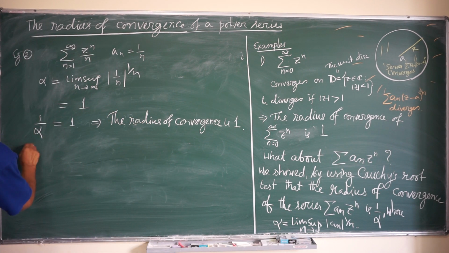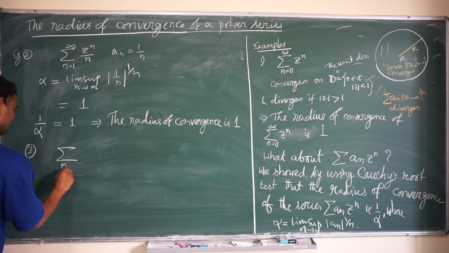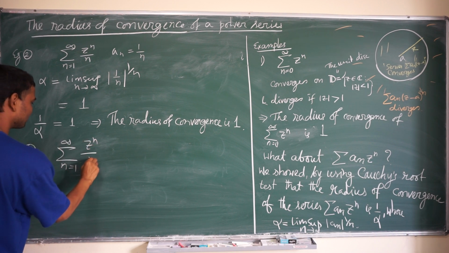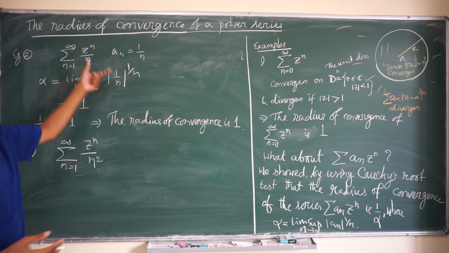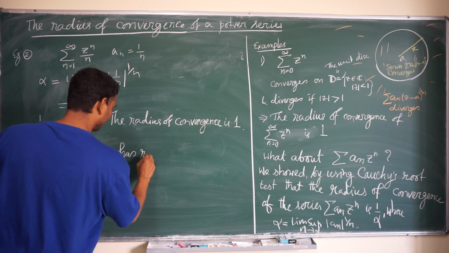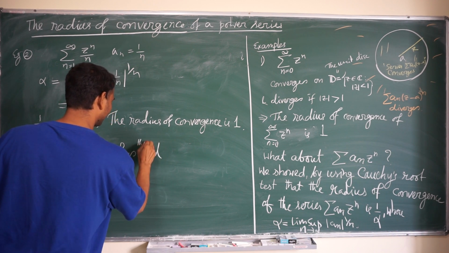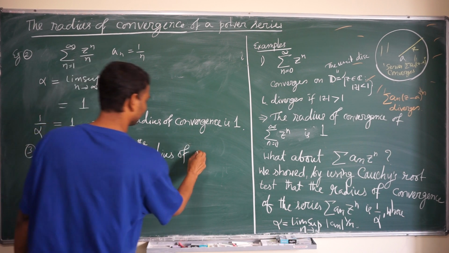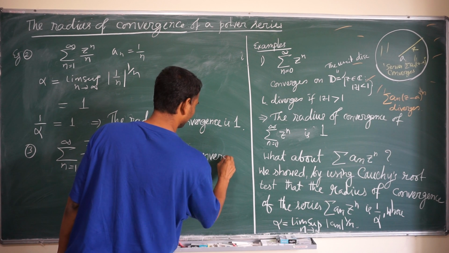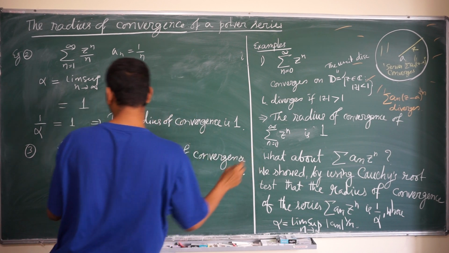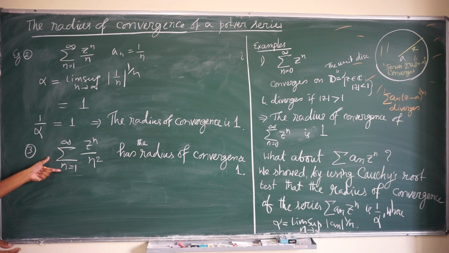So example 3, you look at this thing, summation z to the power n by n squared, and similarly we get this has radius of convergence 1. So this also has radius of convergence 1.